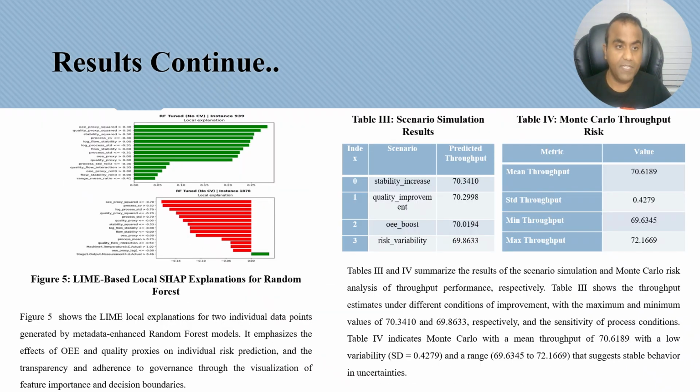Highest feature value, basically. Now if you see the line-based local SHAP explanation for random forest, for two individual data points generated by the metadata-enhanced random forest models, it emphasizes the effect of OEE and quality proxy on individual risk predictions, and provides transparency and governance through visualization of the feature importance and decision boundaries.